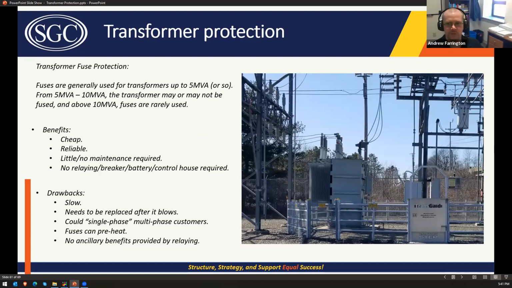You'll see a lot of fused transformers. They're generally used for transformers up to 5 MVA. So if your transformer's 5 MVA or less, it's probably just fused. From 5 to 10 MVA, it really depends on the utility or the company that's putting the transformer in, the generator or whomever, and how much money they want to spend.